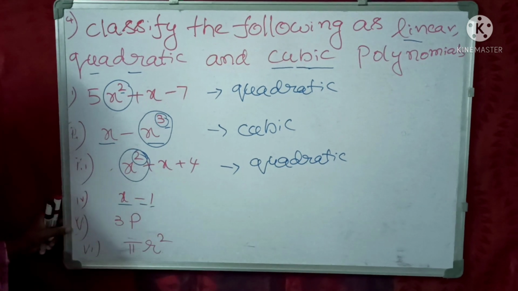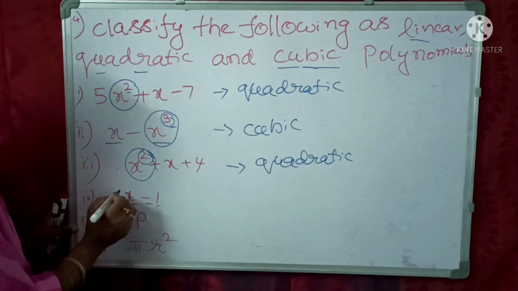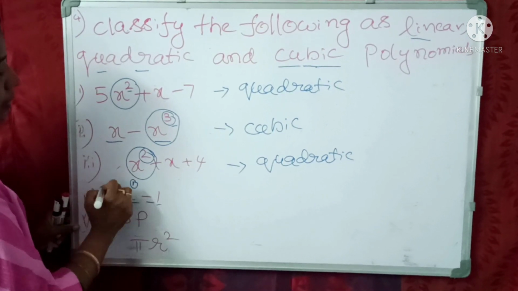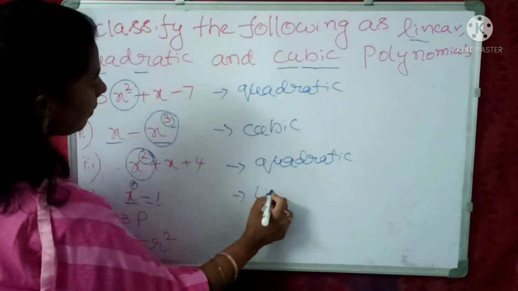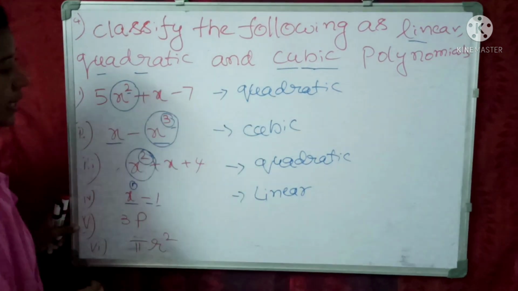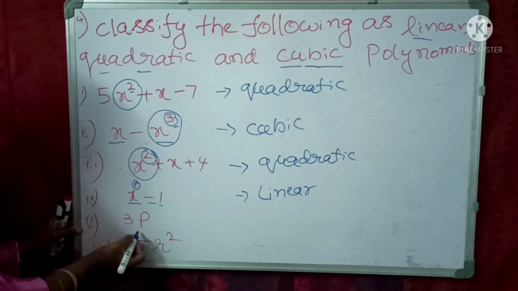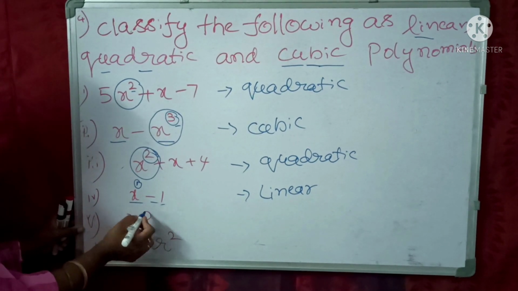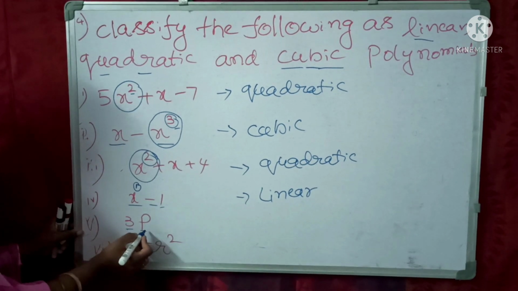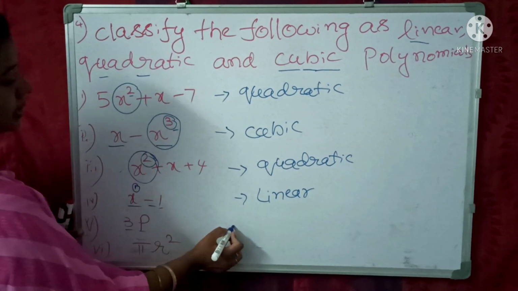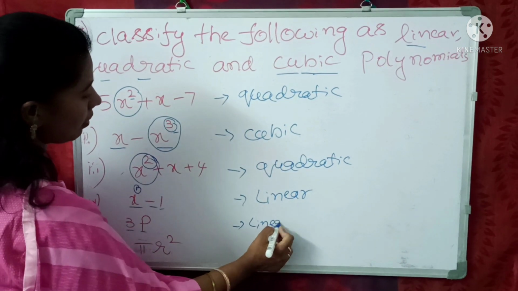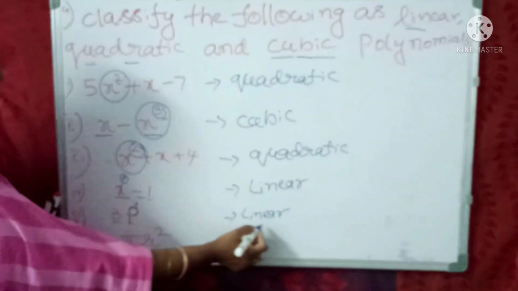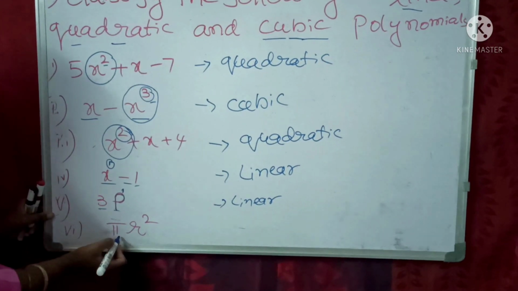Next, x minus 1. In this one, the highest power of the variable is 1. So it is a linear polynomial. Next, 3p. 3p is a polynomial with variable p, and this is a linear polynomial because the power of p is 1. Next, pi r square.